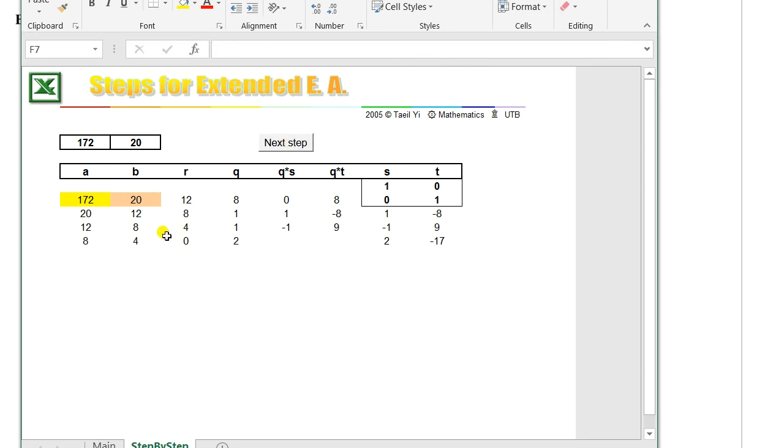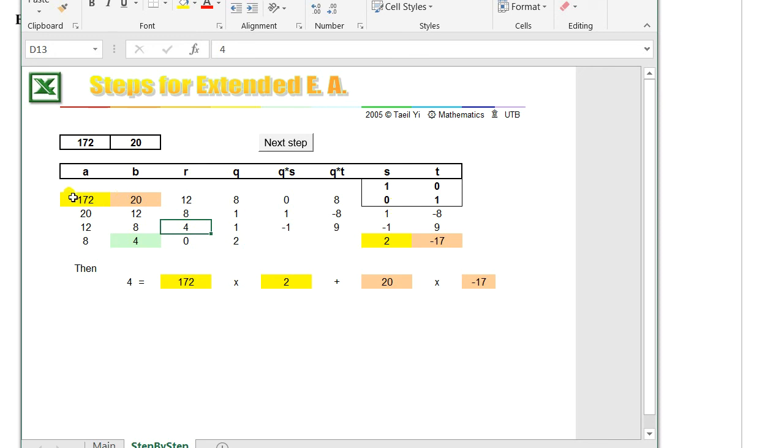Now we hit 0 for the remainder, which means the one above, or one left. So the last non-zero remainder, 4, should be the greatest common divisor of these two. We found it. But not only that, that 4 can be written as a linear combination of the two given numbers using the last two columns, and the positions are matching.